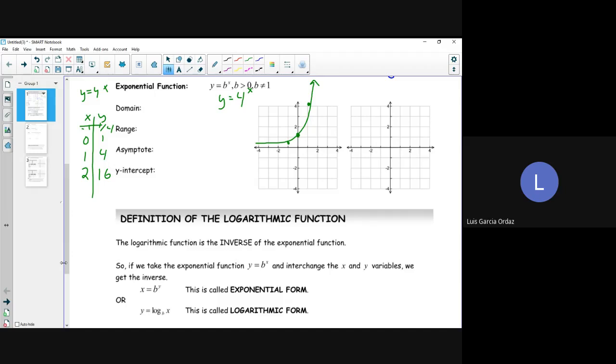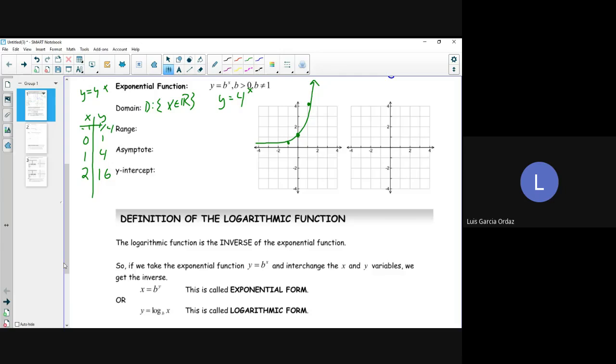Okay, so looking at this exponential function of y is equal to 4 to the x, what would our domain be? So our domain would be x is an element of the real numbers, because x can be any x value. Since if we have a negative x value, it just throws us back a fraction at the end.